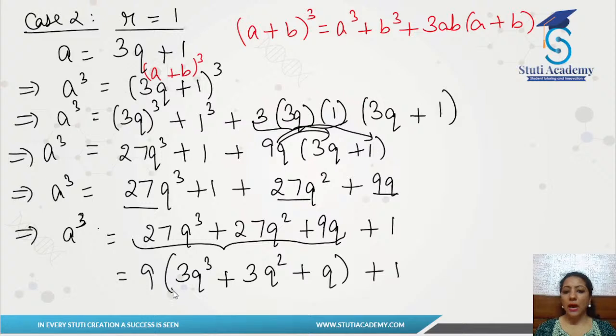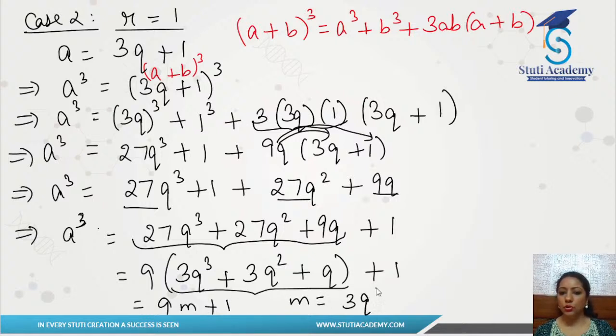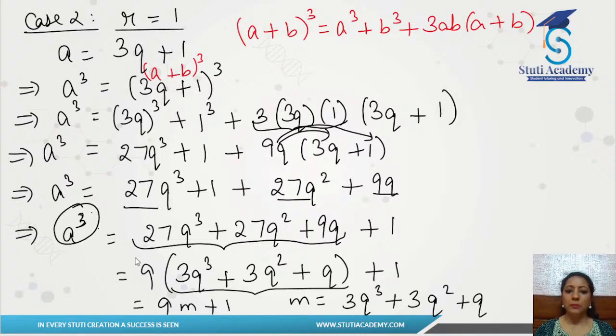Now in the next step, I'm going to express this as m. So this is 9 times m plus 1, where m we have taken as 3q cube plus 3q square plus q. That means m is any integer in this case. So finally, we have taken this a, and the cube of a can be represented as 9m plus 1, where m is any integer.